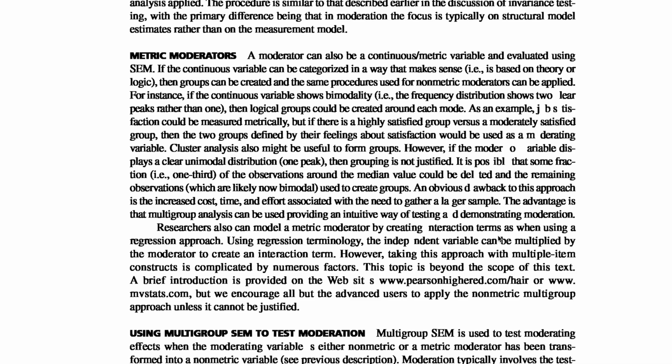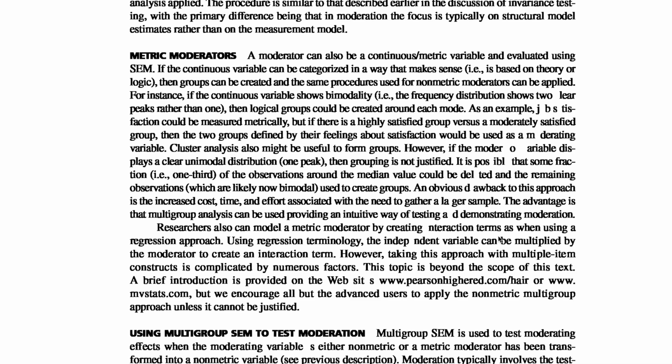For instance, if the continuous variable shows bimodality, that is, the frequency distribution shows two peaks rather than one, the logical groups could be created around each mode. As an example, satisfaction could be measured metrically, but if there is a highly satisfied group versus a moderately satisfied group, then the two groups defined by their feeling about satisfaction would be used as a moderating variable.